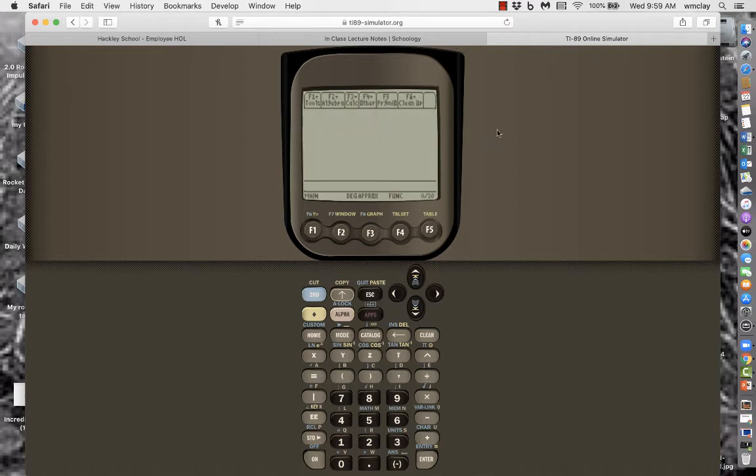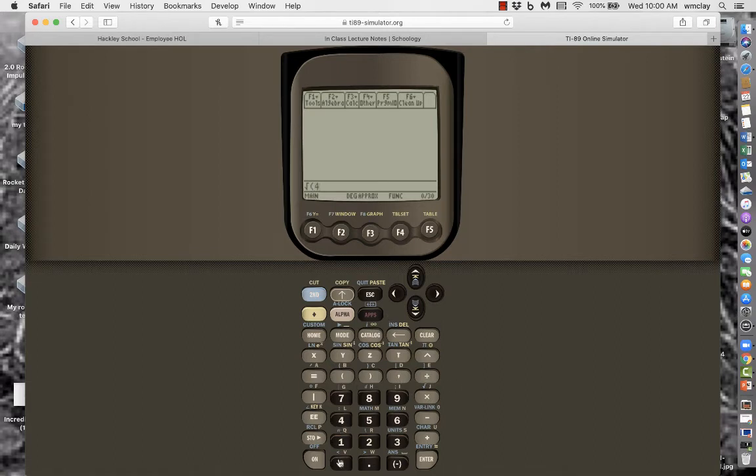So let's show how I could calculate that r in here. And I want to do it in one calculation. So I'm taking the square root of 400 squared plus 200 squared. The square root is down here right above the times symbol. It's in blue. Anything in blue is a shift. So I start off by hitting second, and that opens a square root and a parenthesis for me, which is really convenient.